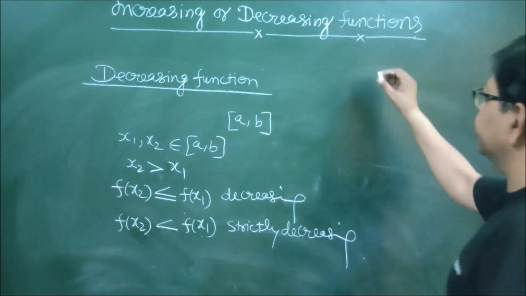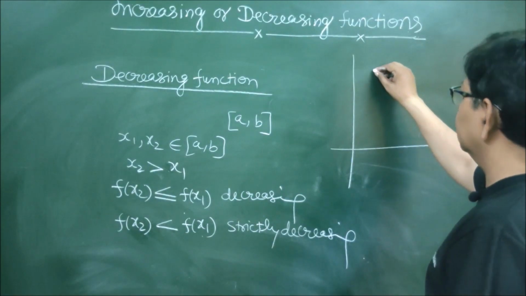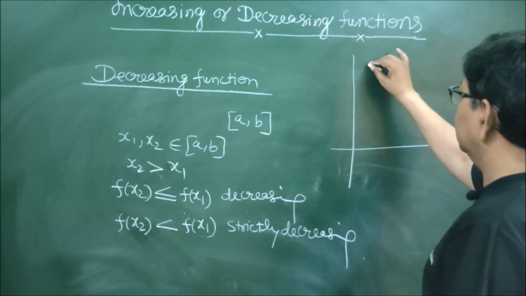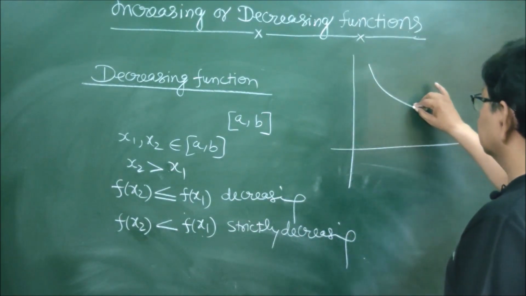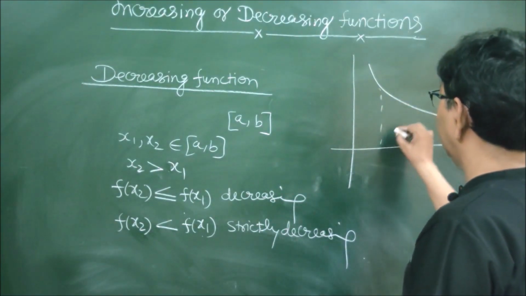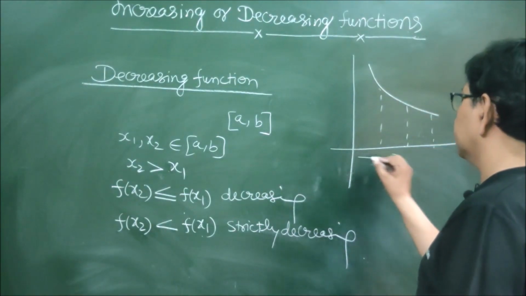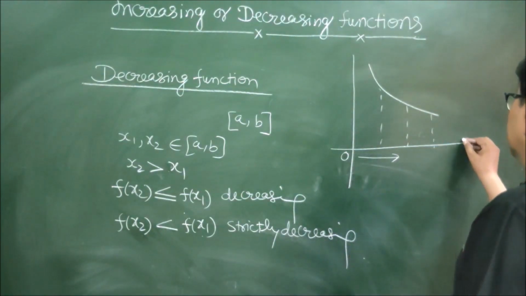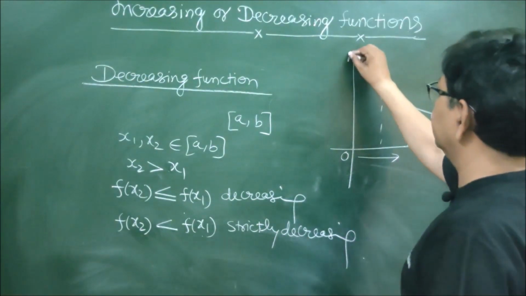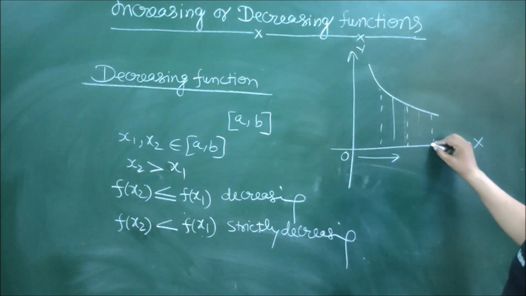For a decreasing function, the graph is like this. Means on increasing the value of x, if we go in this direction, in the right hand direction, in the increasing x direction, the value of y goes on decreasing.